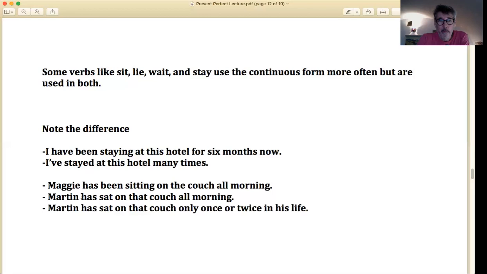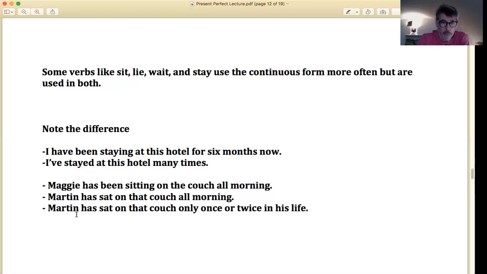Or Martin has sat on that couch all morning. Now, one is present perfect continuous, the first one, or present perfect. The meaning is more or less the same, okay? I can use either of those. Martin has sat on the couch all morning.